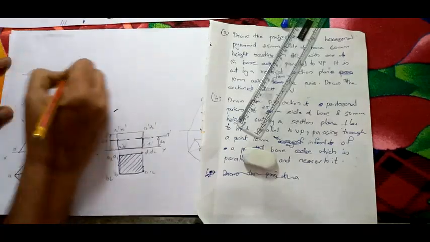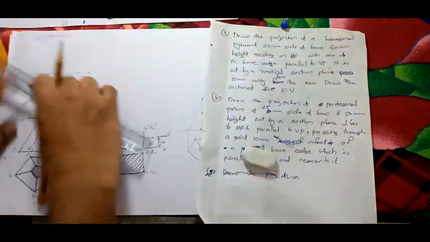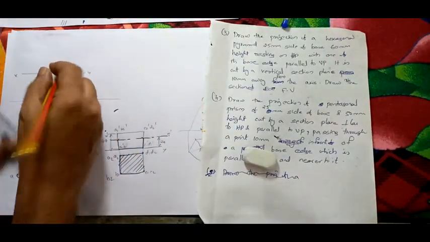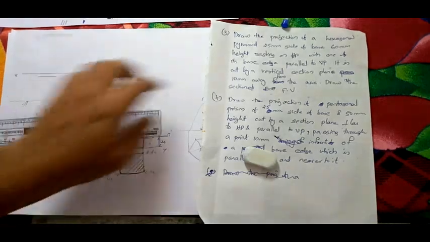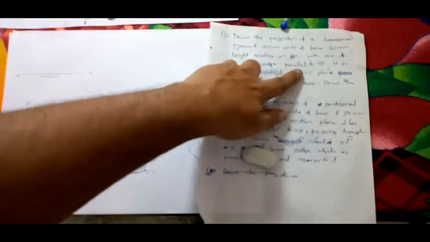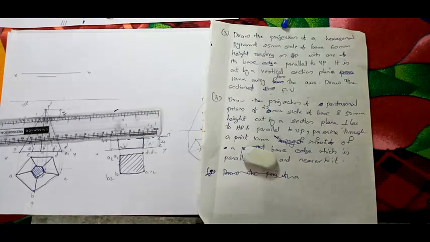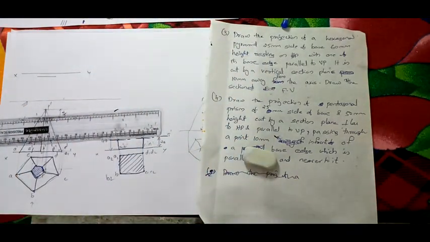So draw the XY line, and the figure with base edge parallel to VP. Base edge parallel means first draw a line parallel to the XY line. Either base edge parallel to VP or face parallel to VP: face parallel to VP for a prism and base edge parallel to VP for a pyramid, both are the same.